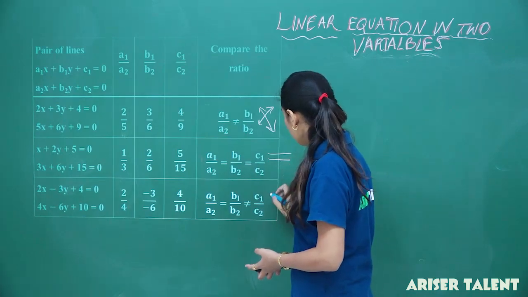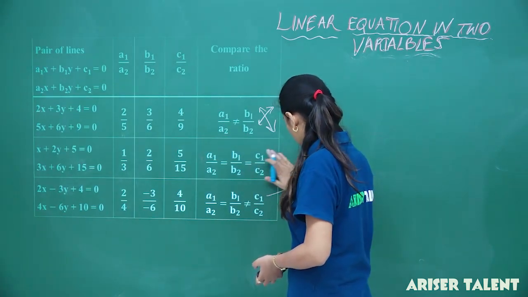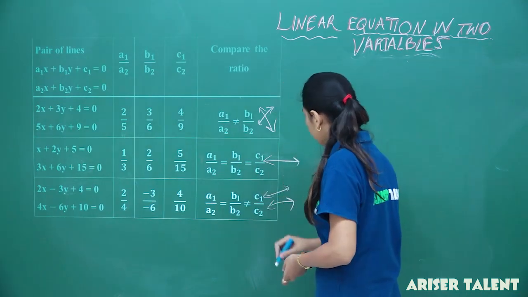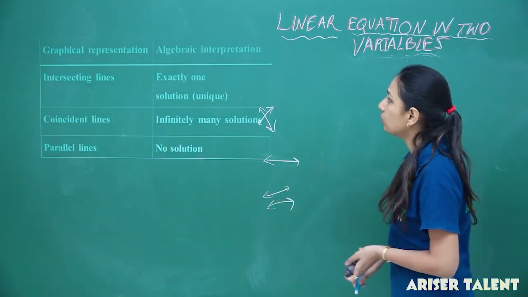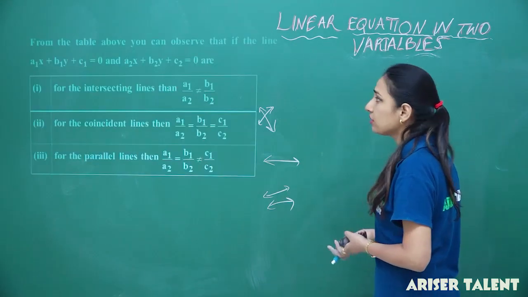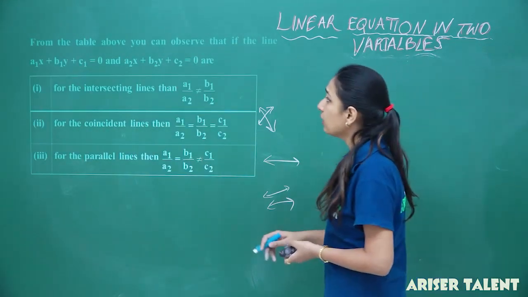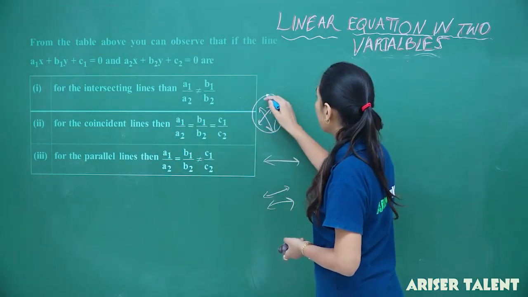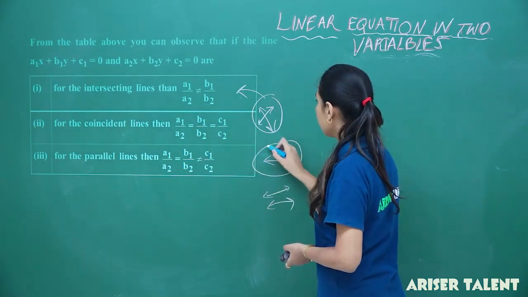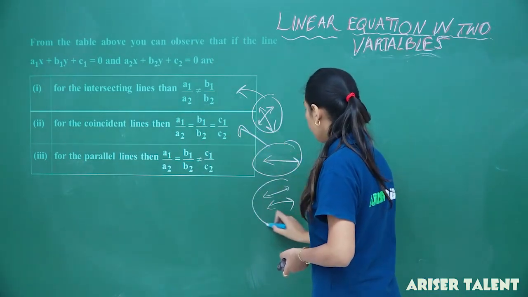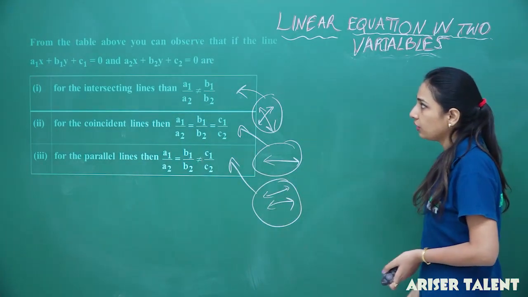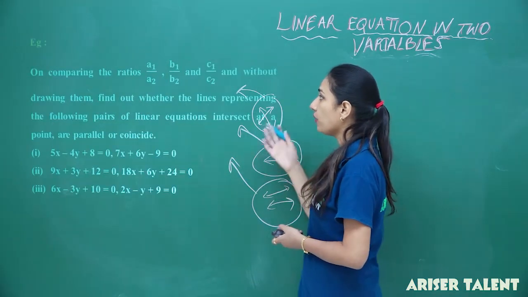These are the parallel lines and this is overlapping. Intersecting lines have exactly one solution, coincident lines have infinitely many solutions, we have studied that, right. So for intersecting lines you have this here, for coincident lines you have this here, and for parallel lines you have this here, okay. So this is the way you will study it in this format.